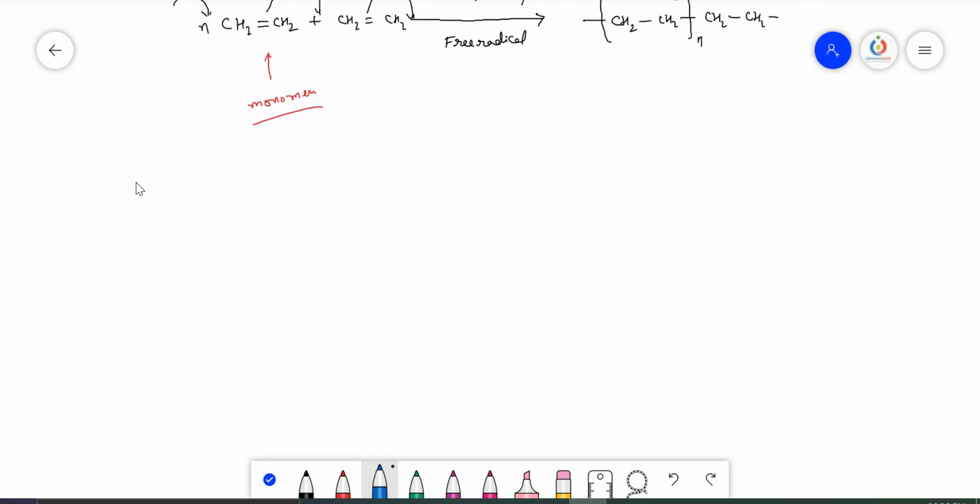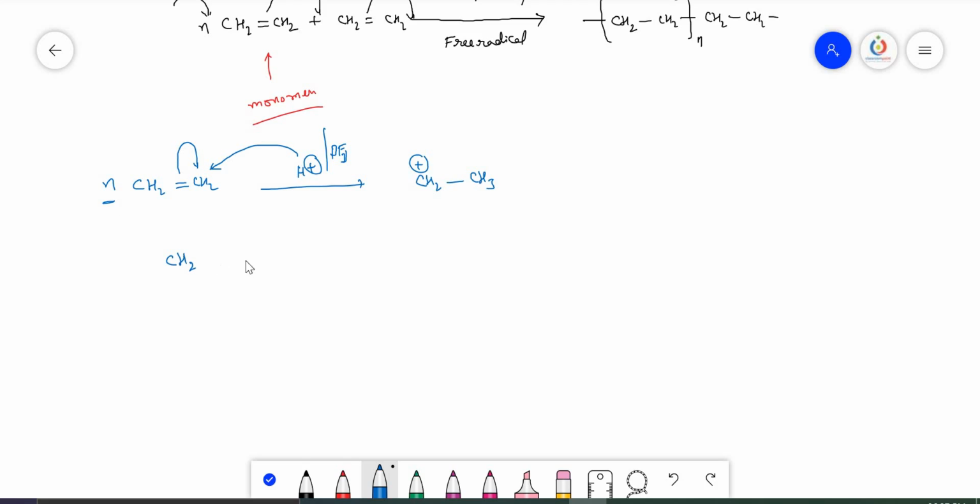You just see, CH2=CH2, n times I have taken. Use some catalyst, H plus or Lewis acids like boron trifluoride, any of these. If you use it, this cation initially attacks the pi electrons. These electrons shift here and this particular carbon gets the positive charge, CH2 positive, and it becomes CH3. This will not sit quiet because n molecules are available.